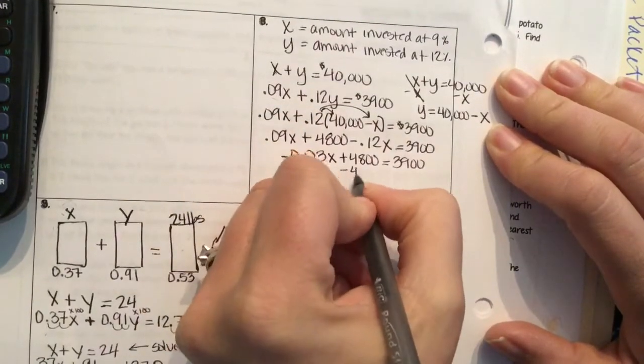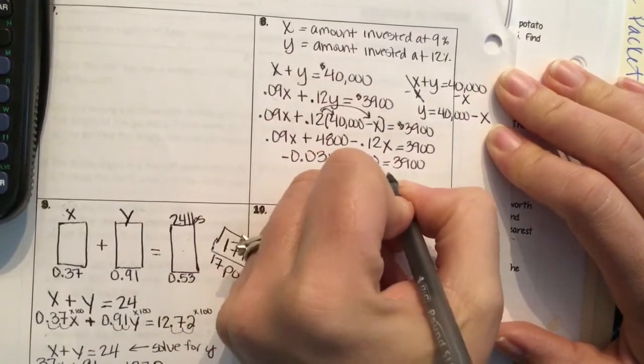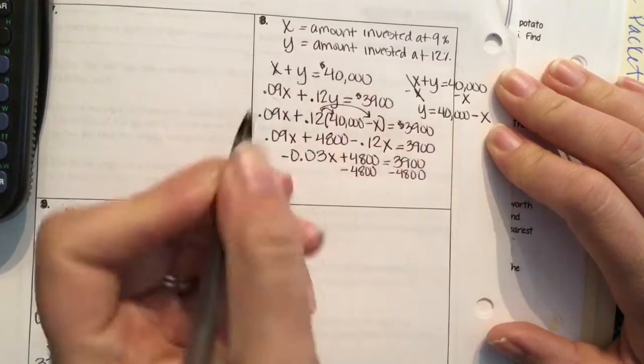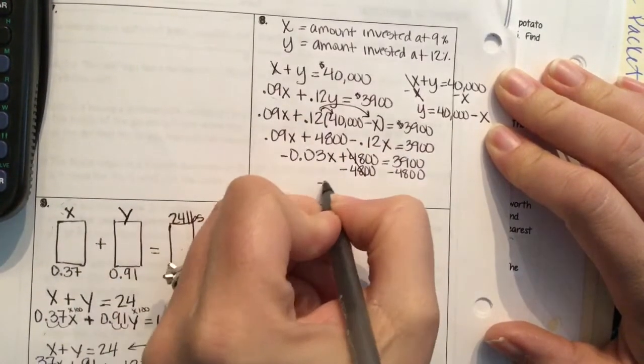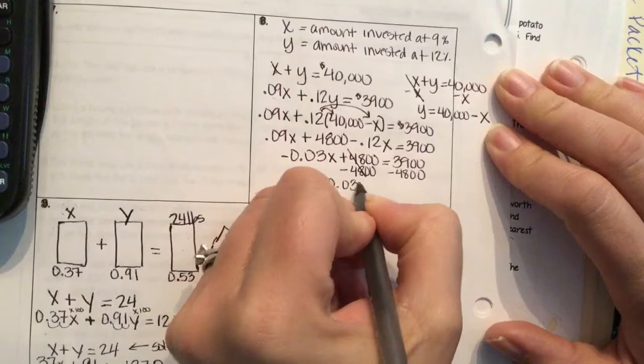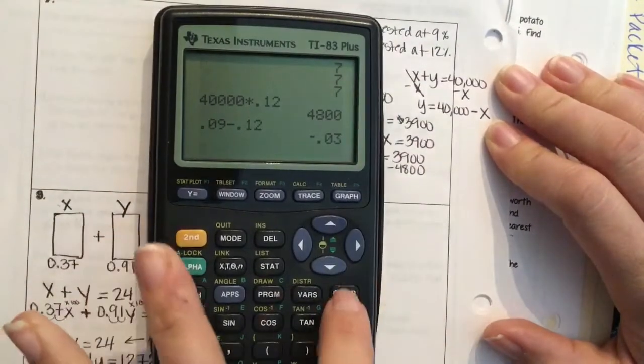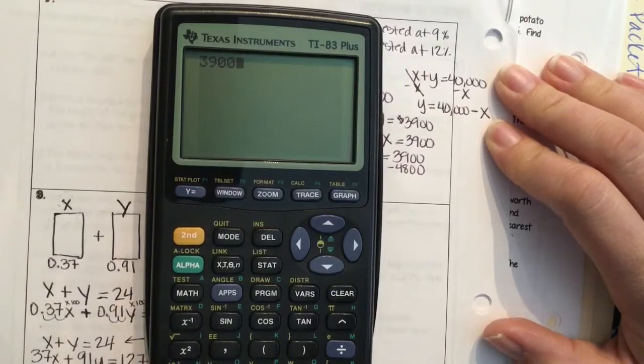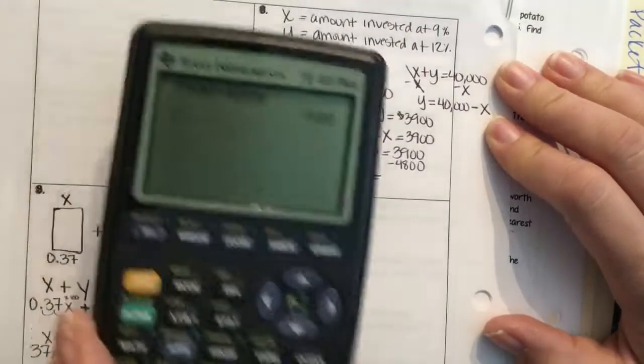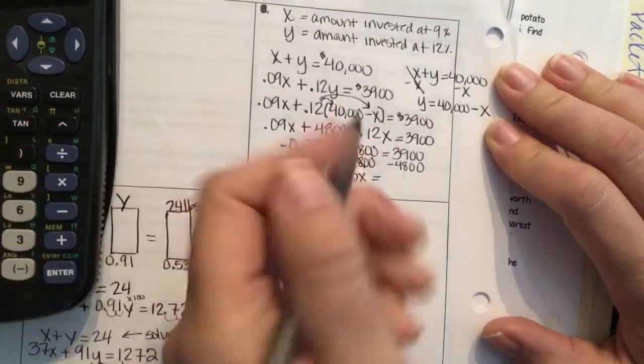So we're going to move 4,800 because we need to get x by itself. That cancels out. I have negative 0.03x equaling 3,900 minus 4,800. You can do that one in your head, but I'll just show you. It's negative 900. See that? We got our negative, so we're okay.